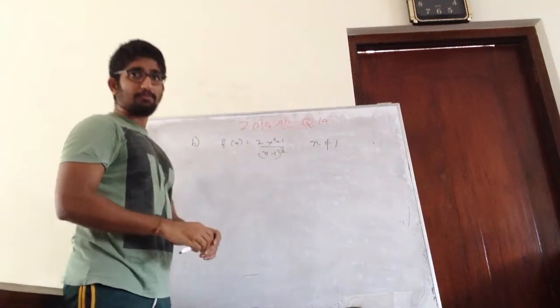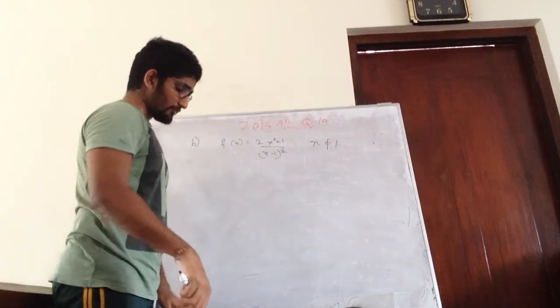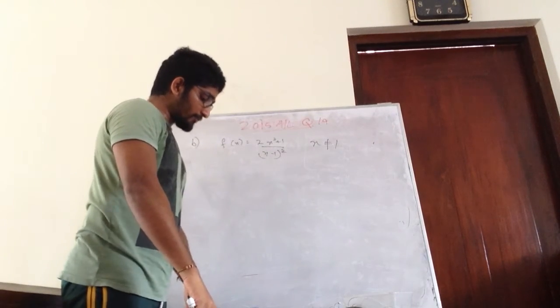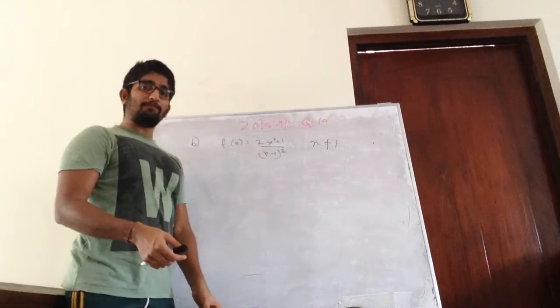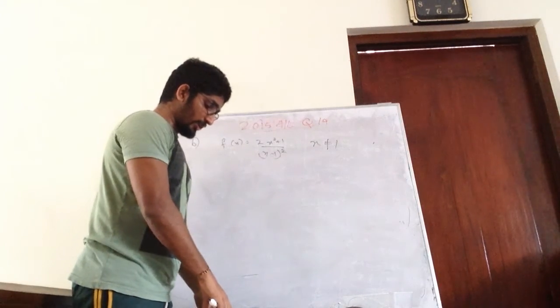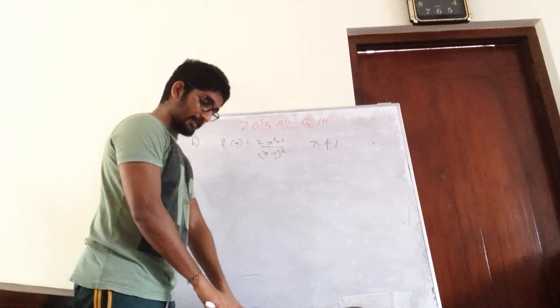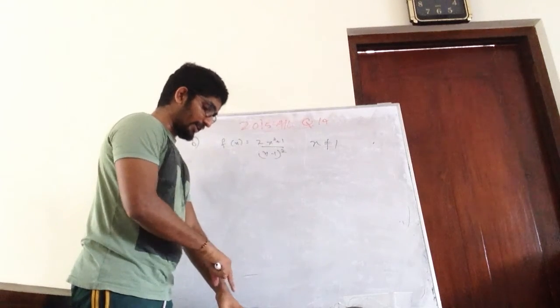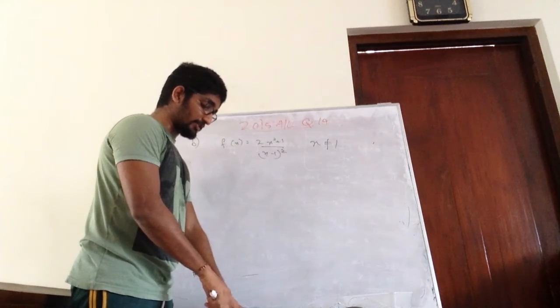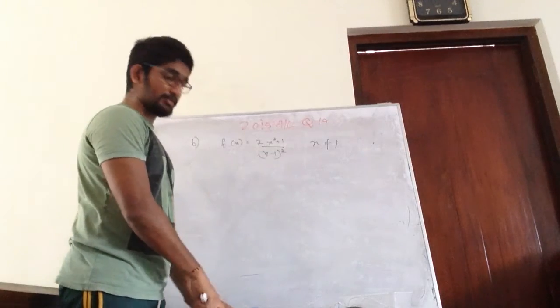So they have given this, right? So okay. So first of all, now they say find the first derivative and the turning points of f of x. Sketch the graph y equals f of x, indicating the turning points and the asymptote.